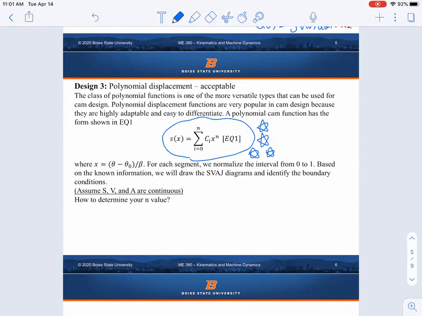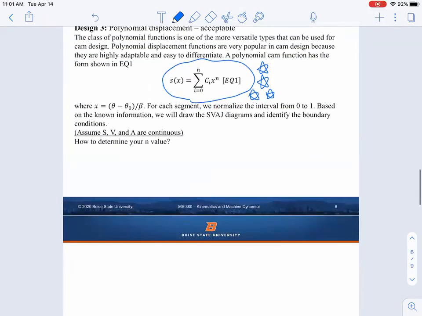All right, the same thing, S, V, A, and J. Your S, V, and A should be continuous. And then we want to find the S such that it follows the prescribed displacement. You have theta, the first 90 degrees flat, 180 to 270 is another flat value.